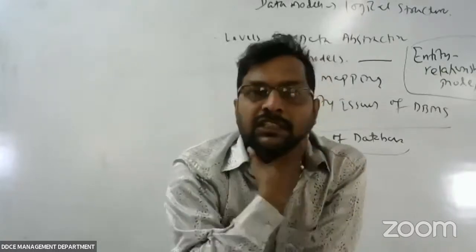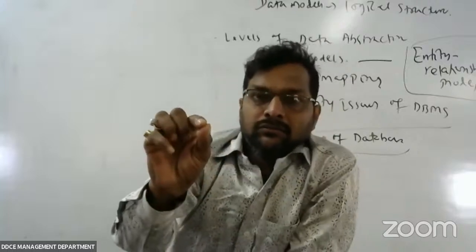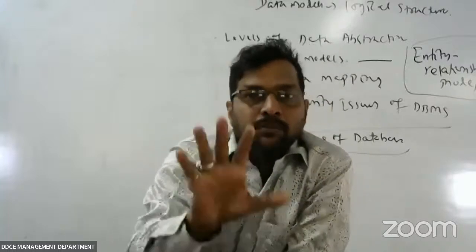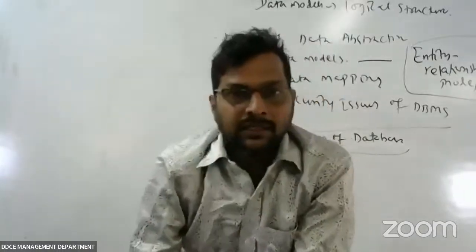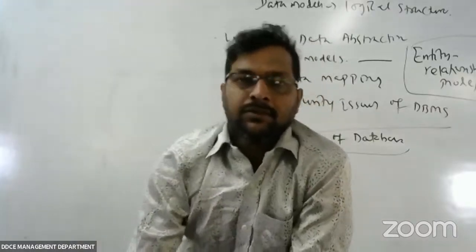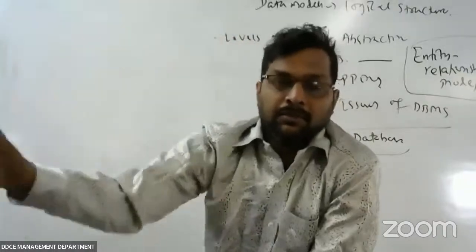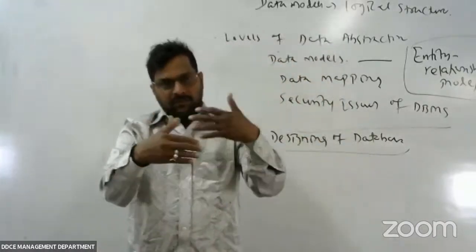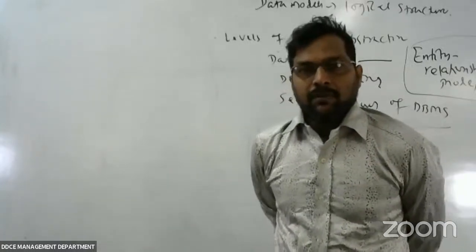Suppose the university case. Who are the entities? Student, the first entity. Employee is another entity. Then results we will keep. Placement part we will keep. Library we will keep. So like this, from your own logic, you have to develop step by step.